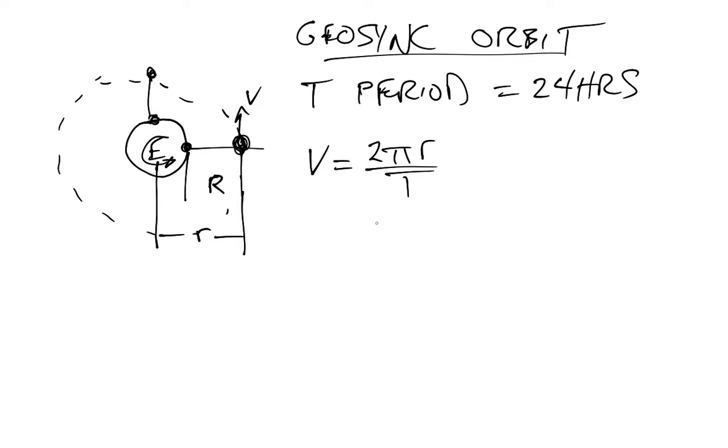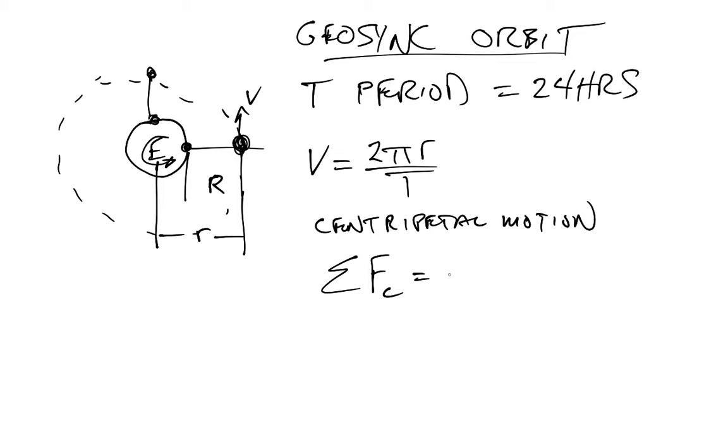The other thing which we need to realize is that we have centripetal motion here. Now, centripetal motion says that the sum of the forces that are centripetal is equal to the net force centripetal. When we have a satellite going around, we have a force of gravity pulling towards the center of rotation, i.e. the Earth.